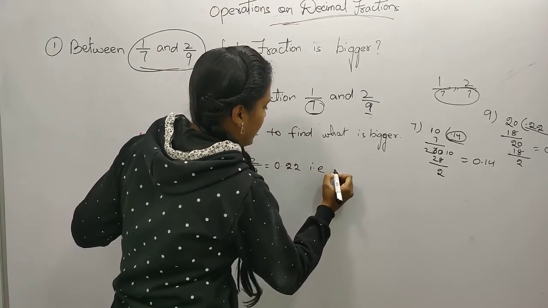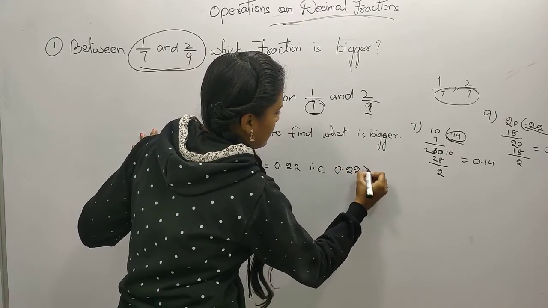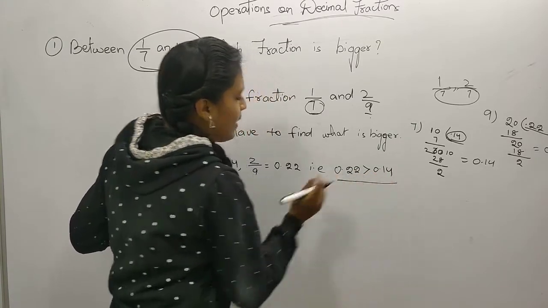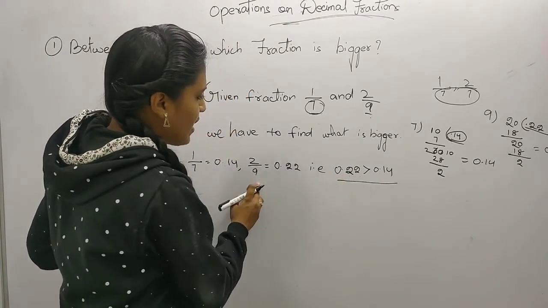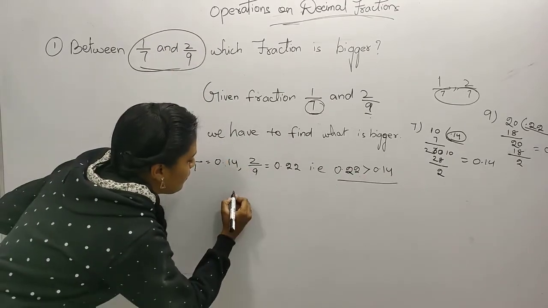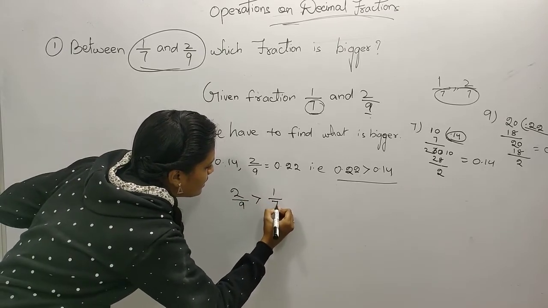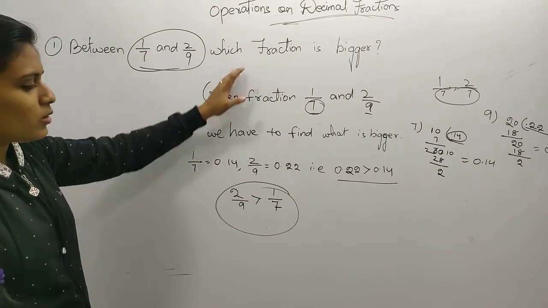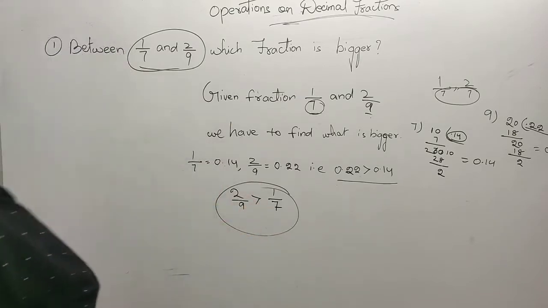The bigger number is 0.22, which is greater than 0.14. 0.22 is the value of 2 by 9, and 0.14 is the value of 1 by 7. So 2 by 9 is greater than 1 by 7. This is the answer the question asked us to find. We already found it. Next we will go to another problem.